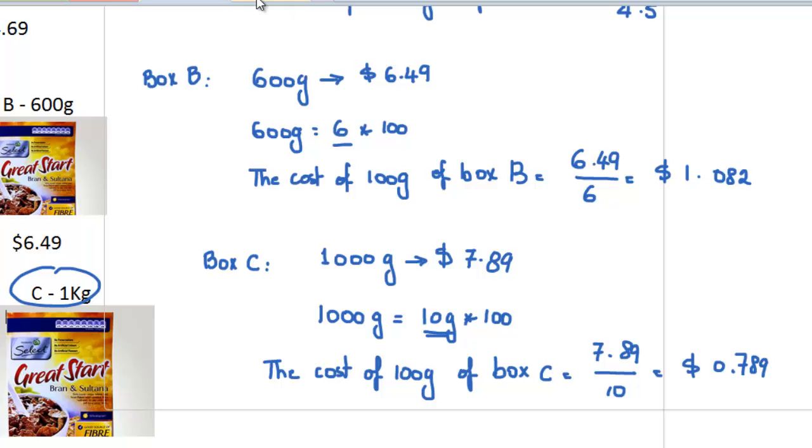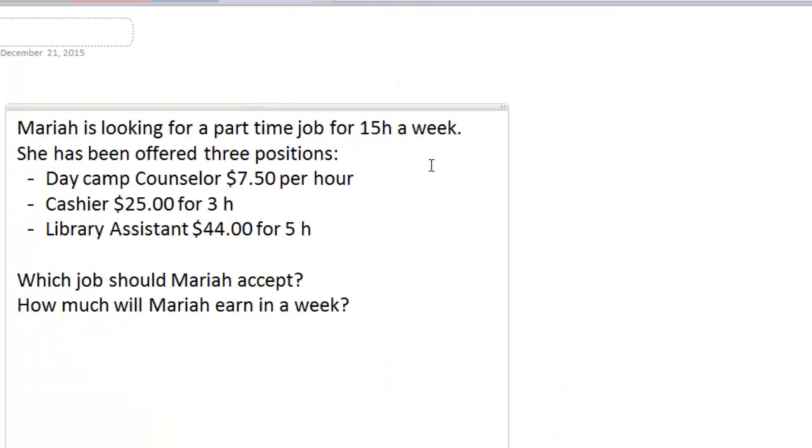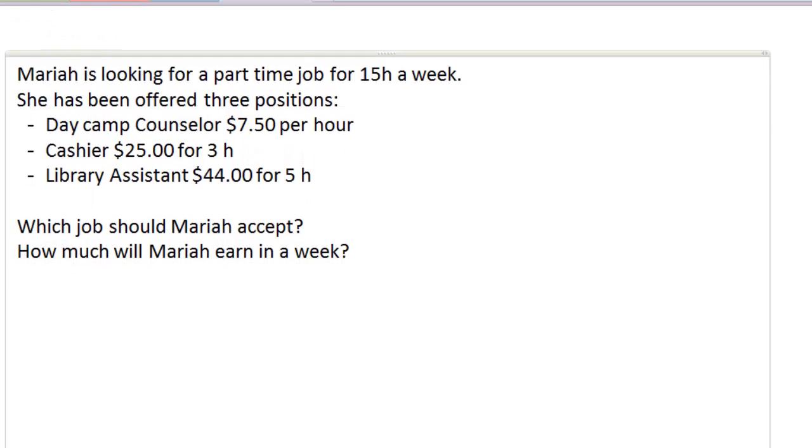Now we're gonna go to the third example, and in the third example it's saying Maria is looking for a part-time job for 14 hours a week. She has been offered 3 positions: day camp counselor with $7.50 per hour, as a cashier with $25 for 3 hours, and library assistant for $40 for 5 hours.